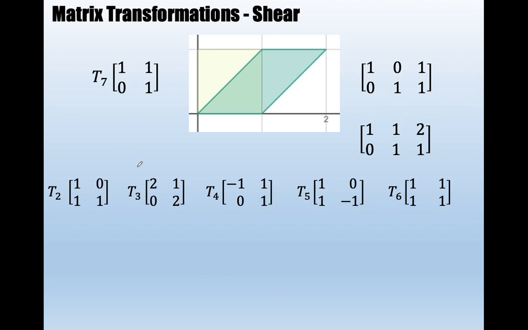But here, I've changed the main diagonal, so you have to remember from previously what that does, but I've also got a shear factor. And then here, I've left the main diagonal alone and changed both of these by the same amount.